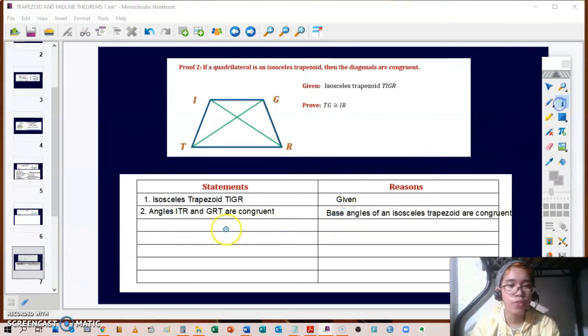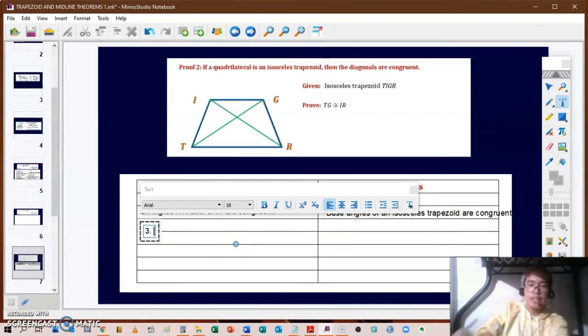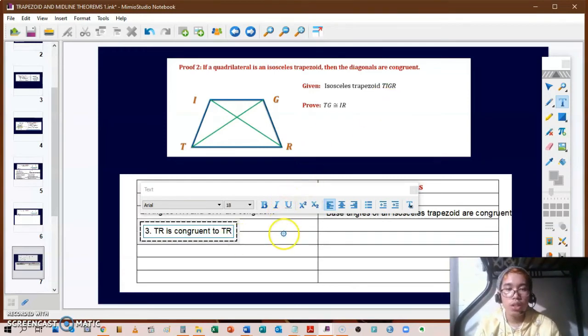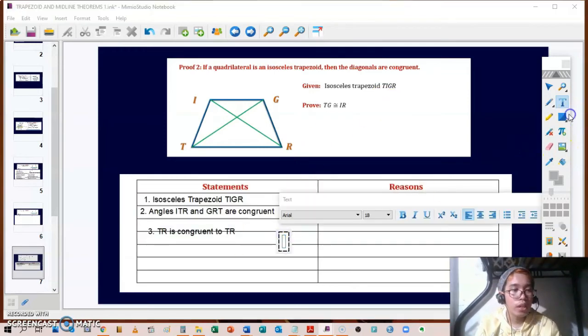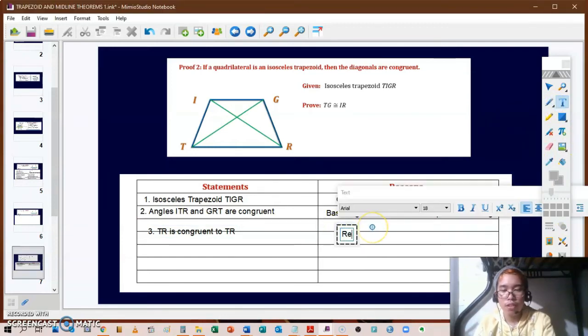Okay, so let's try number 3. What can be our third statement here? For number 3, we can say that TR is congruent to itself. TR is congruent to TR, using the reflexive property of congruence.